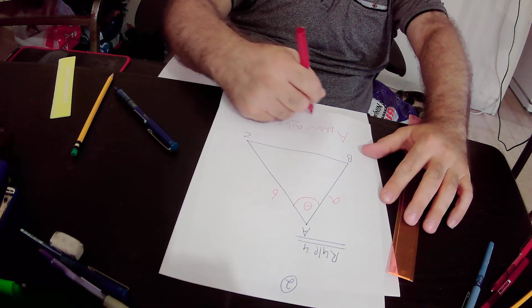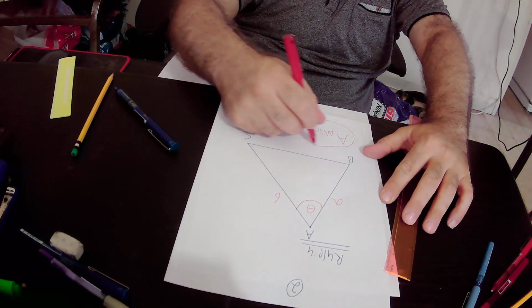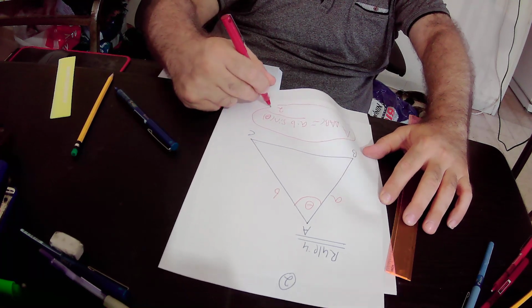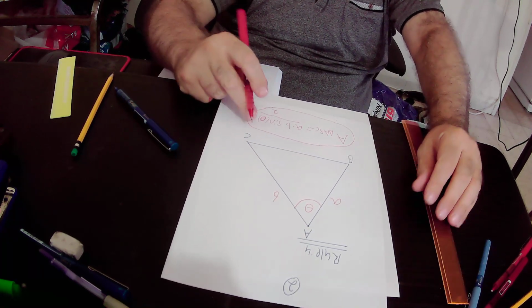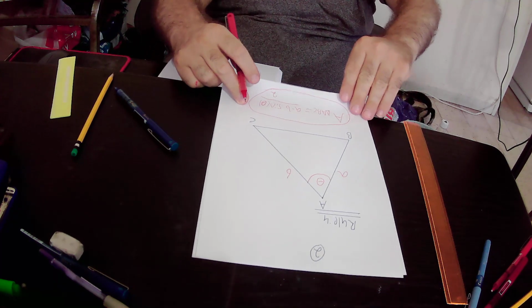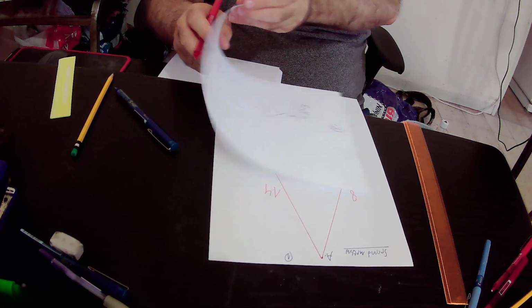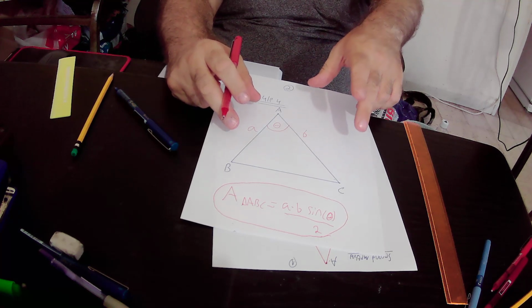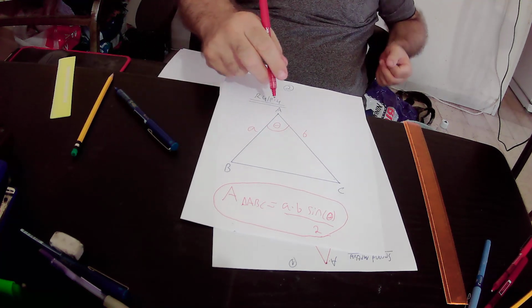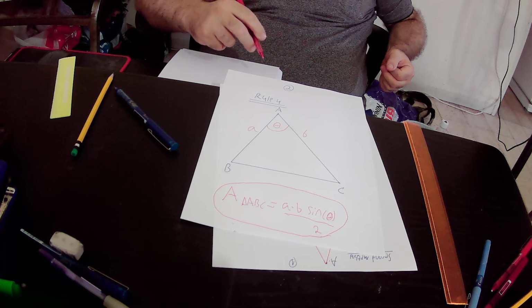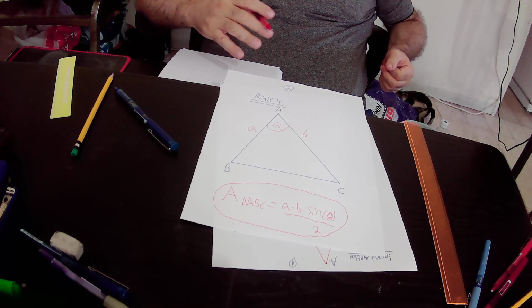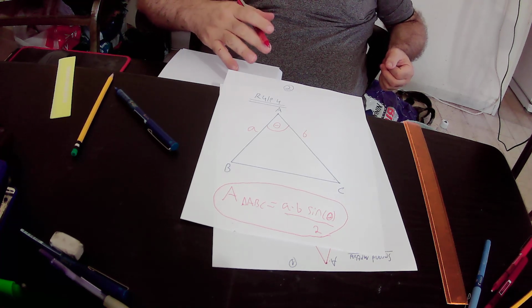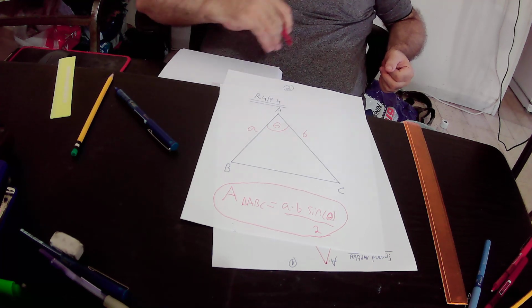So this is actually a new formula to find out the area of any triangle. But we must know the size of two sides of the triangle and the angle between those two sides, and then we can find out the area of the triangle.